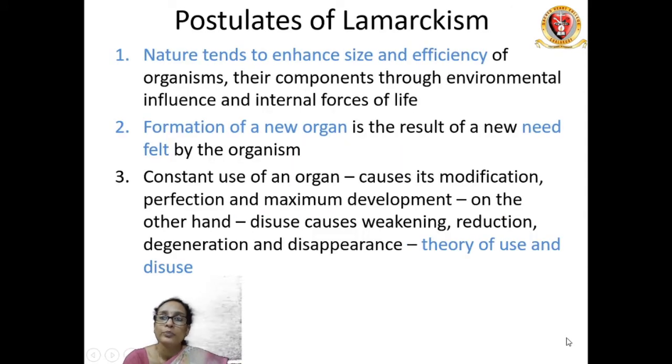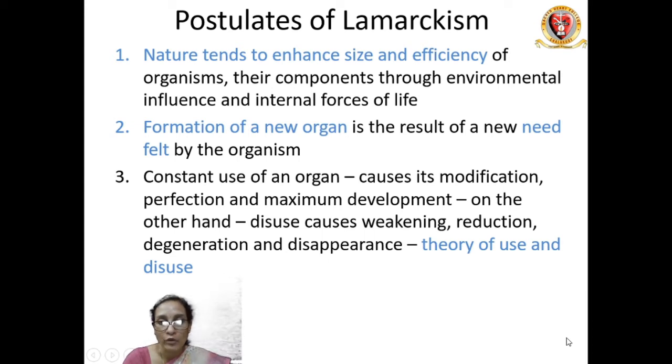Now, when you talk about the postulates of Lamarck's theory, he said nature always tends to enhance or increase the size and the efficiency of organisms or their components through some external environmental influence and some internal forces of life. So when is a new organ formed in an organism?